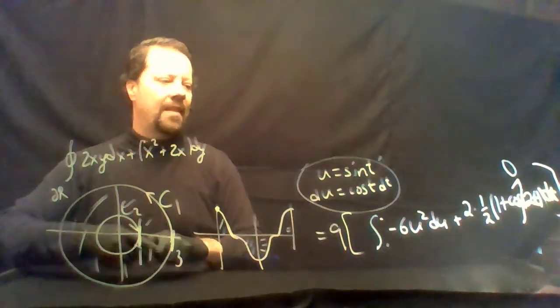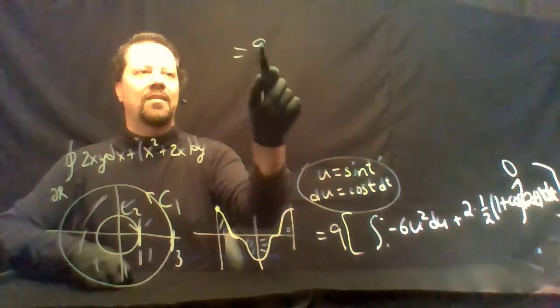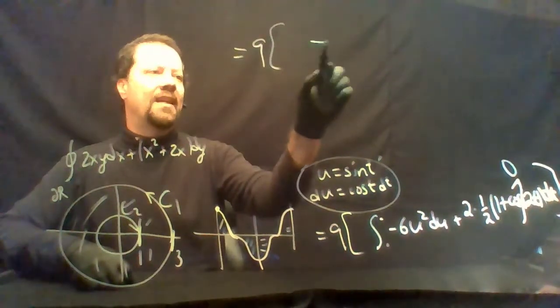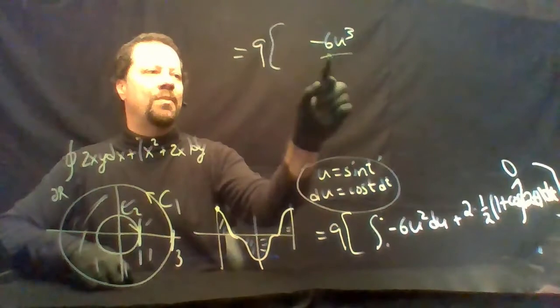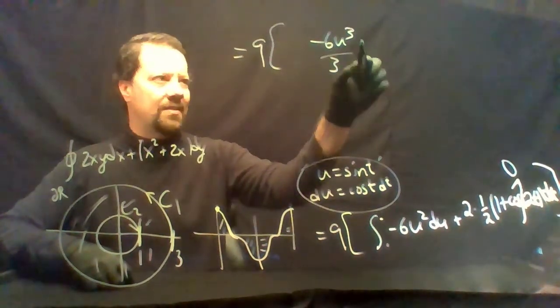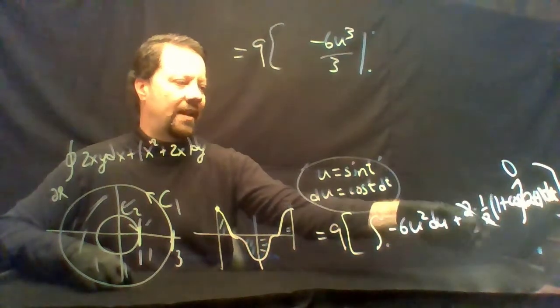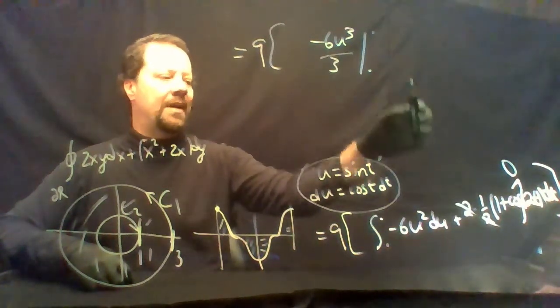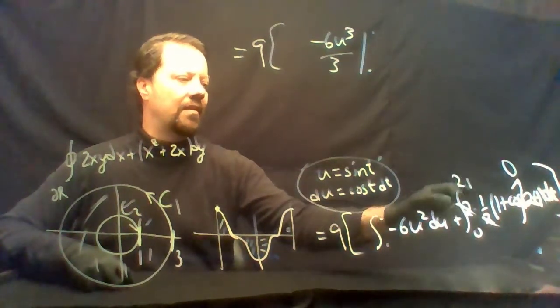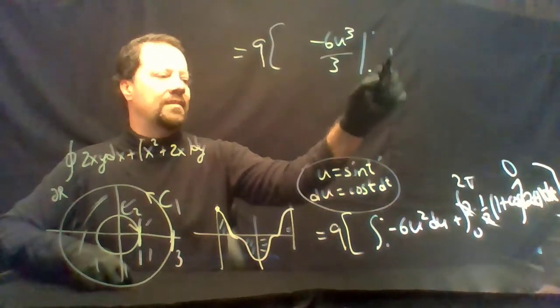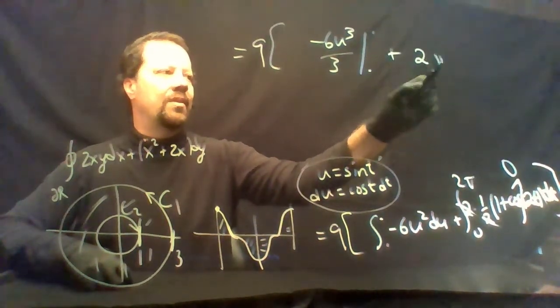This first term will give 9 times -6 u cubed over 3, but remember what u was. Then we'll have 1 integrated from 0 to 2 pi, which gives us 2 pi.